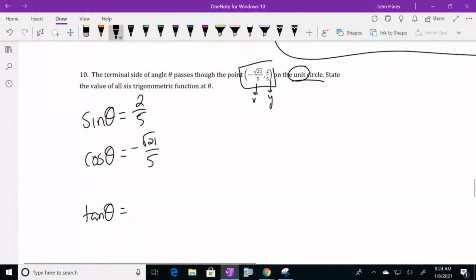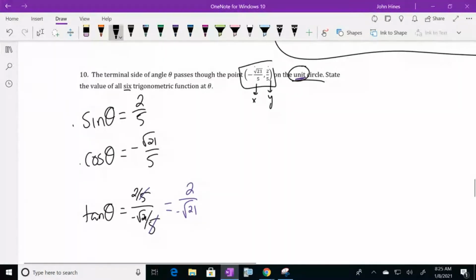Well, tangent is sine over cosine. 2/5 over negative radical 21 over 5. Luckily, if we keep, change, flip, those 5's divide out, and I'm left with 2 over negative square root of 21. So again, you could have drawn a picture and done the Pythagorean theorem, or you could realize I'm on a unit circle. X is cosine, y is sine.